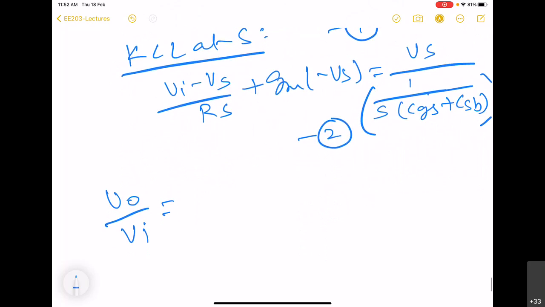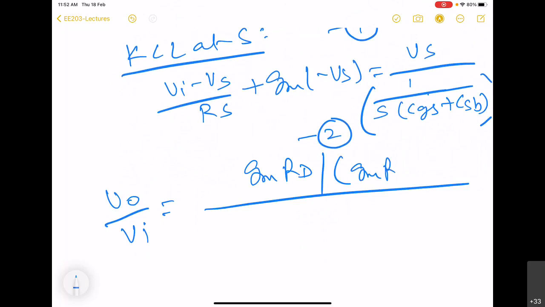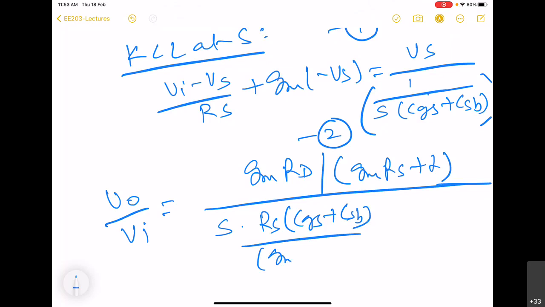And if you write this in standard form, this will turn out to be gm RD divided by (gm RS plus 1), divided by [1 plus s RS (CGS plus CSB) divided by (gm RS plus 1)].